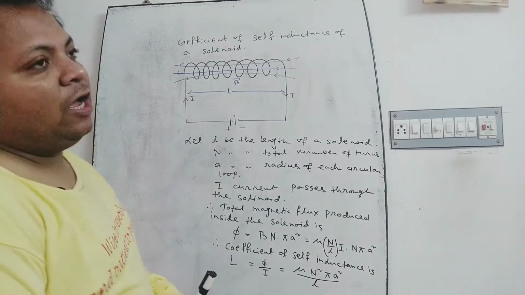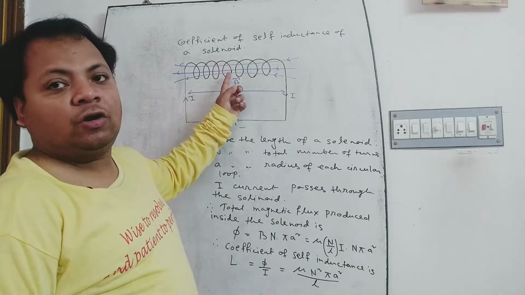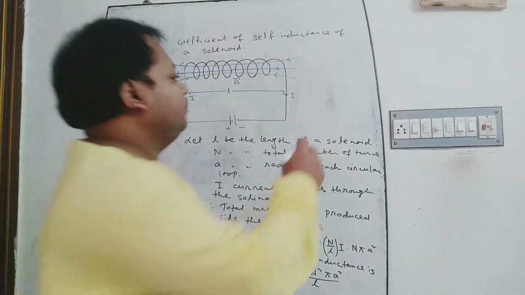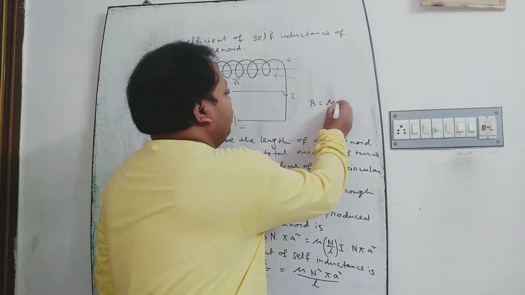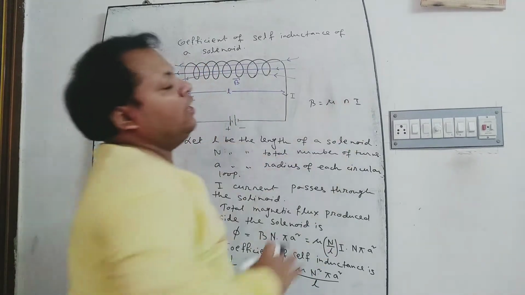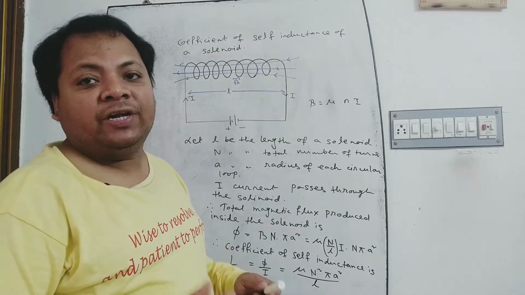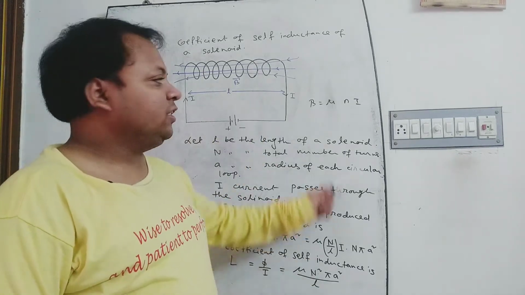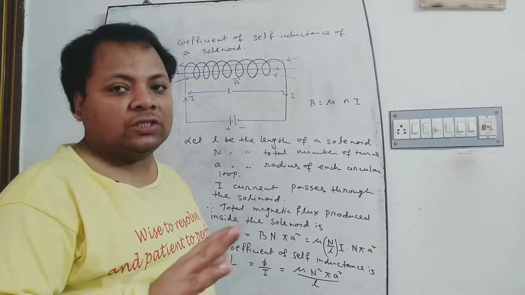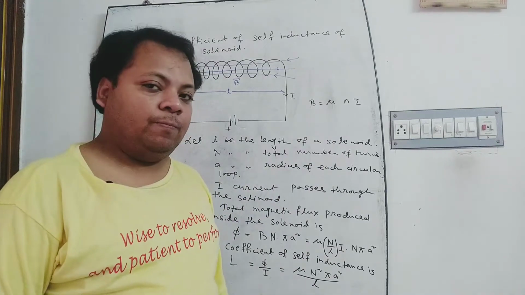You know the magnetic field inside the solenoid at a point on the axis is B equals mu small n into I, where mu is the magnetic permeability of the medium inside the solenoid, small n is the number of turns per unit length of the solenoid, and I is the amount of current passing through each turn.